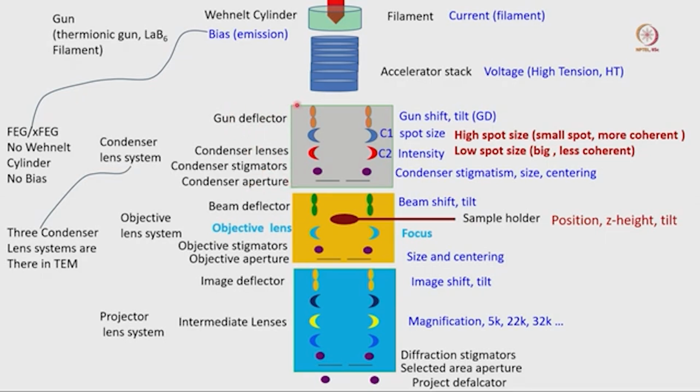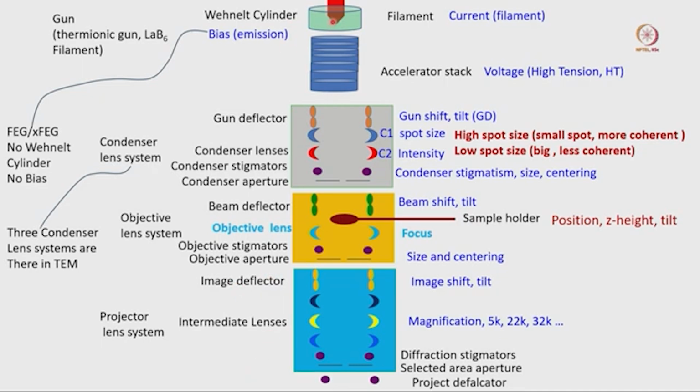So I split this entire system into these 4 components: a deflector, a lens, stigmators, and then an aperture. The same is true for the objective lens system also. This is the objective lens area where we have a deflector, objective lens, stigmator and apertures. If you go down, you can see that an image deflector is there and the rest of the lens system.